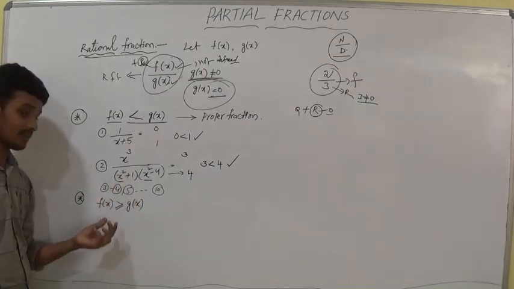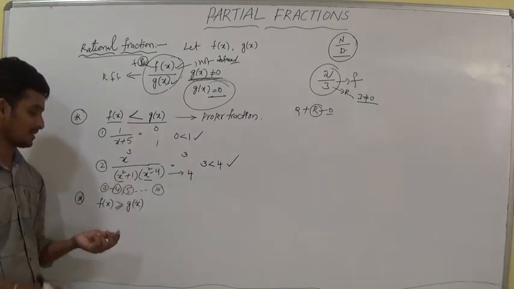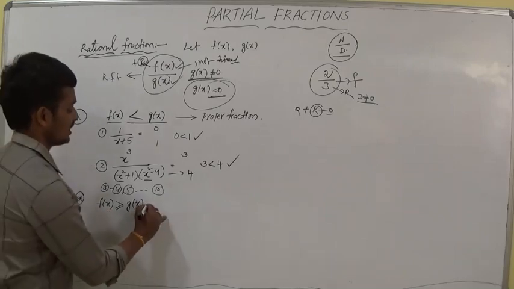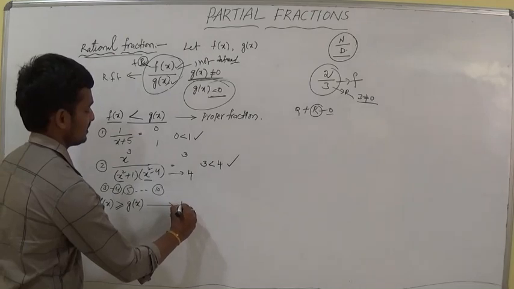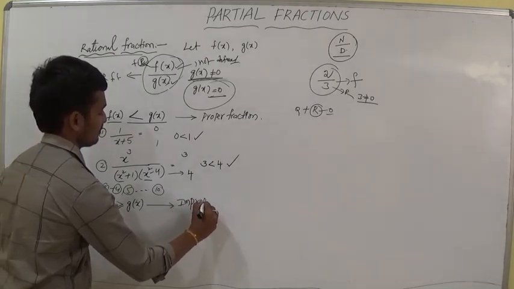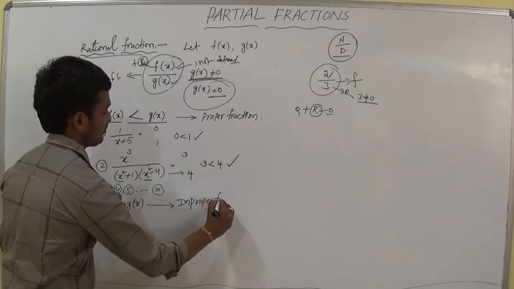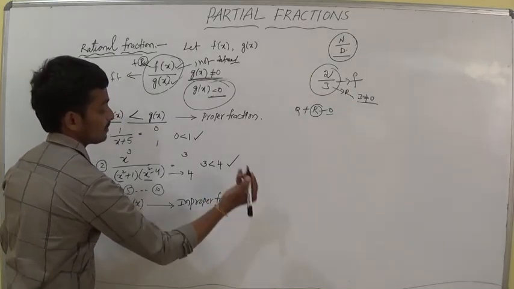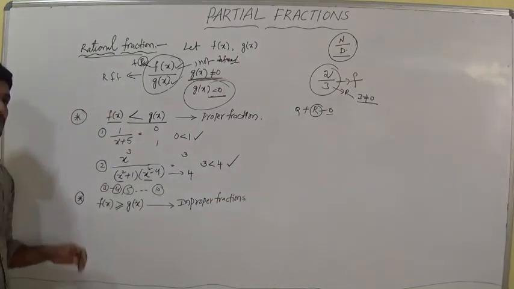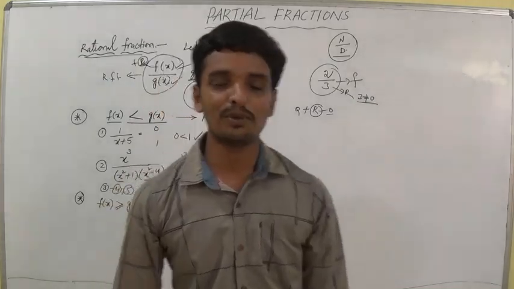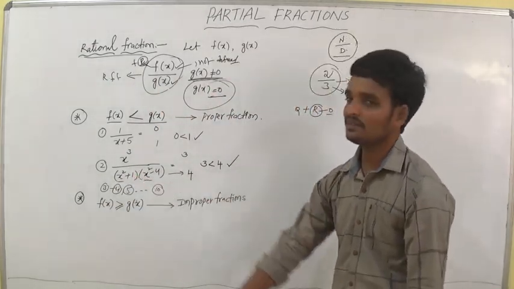The degree of f of x is greater than g of x, or the degree of f of x is equal to g of x. Can you guess the name of the fraction? That is improper fraction. Proper fraction means the denominator is big, and improper fraction means the numerator is big.